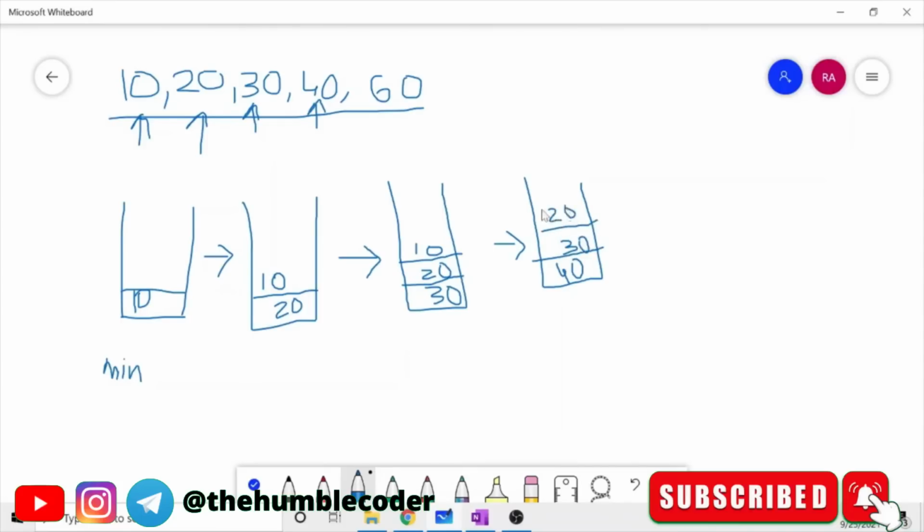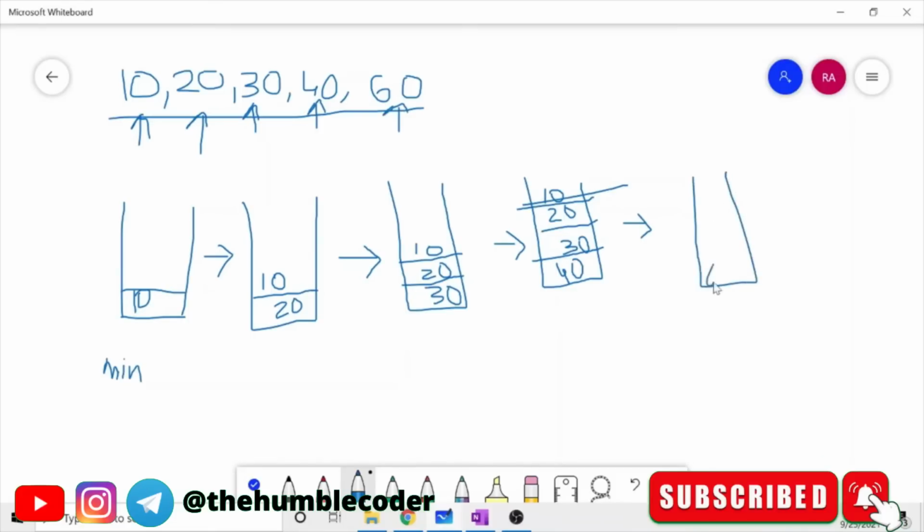At this position, when 10 is at the topmost level, the size of this heap becomes greater than k, which is greater than 3. So we will pop the topmost element. Now our heap contains only 3 elements, and we will move to the next step. Whenever our size becomes greater than k, we will pop the topmost element.